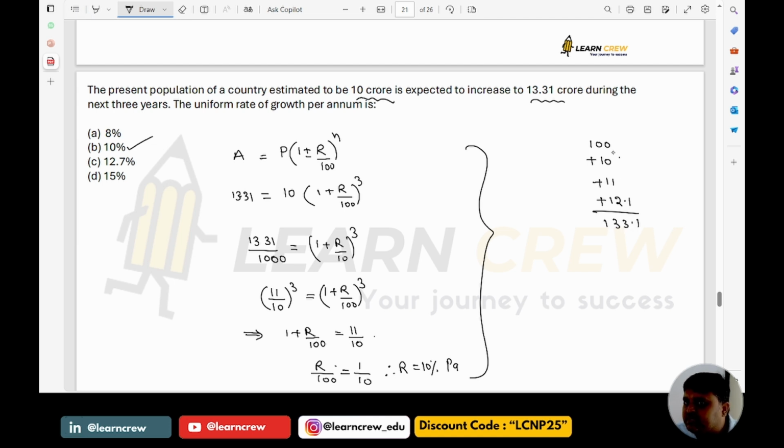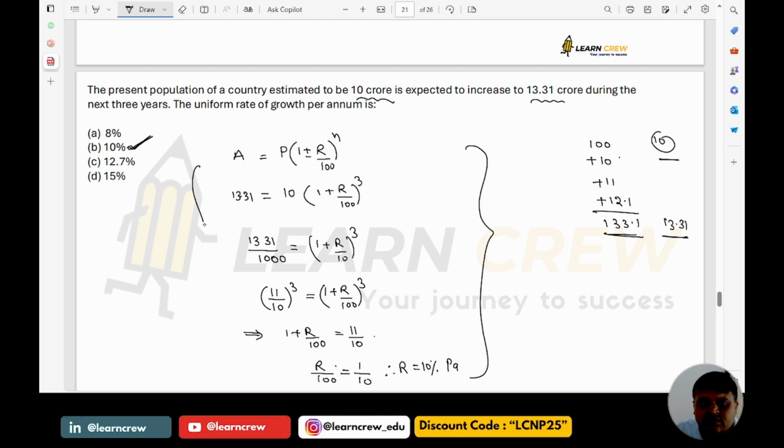If 100 becomes 133.1, 10 will become 13.31. It is satisfied when the rate is 10%. The other options don't satisfy. So the answer is 10%.